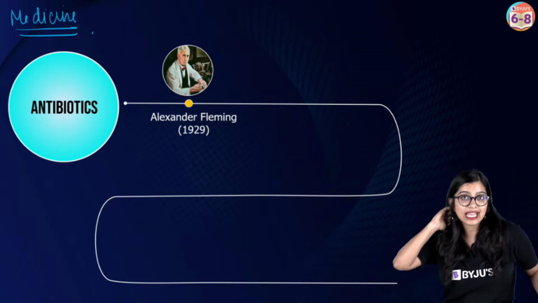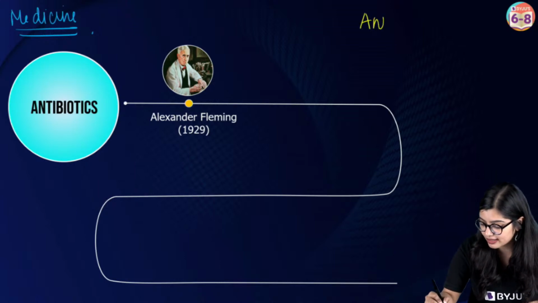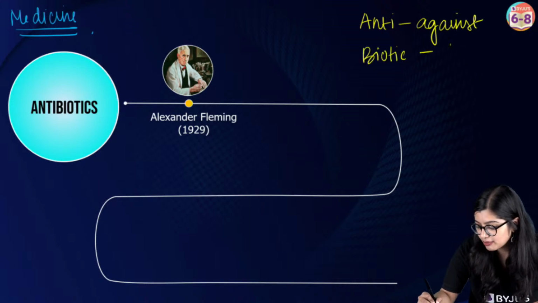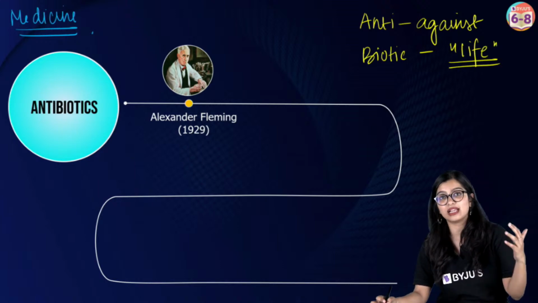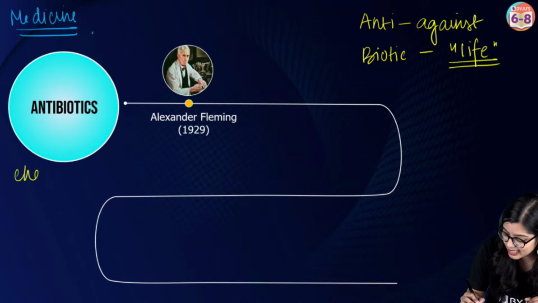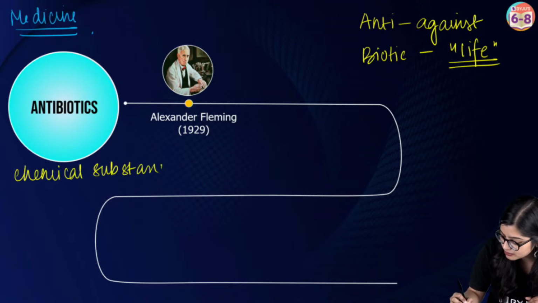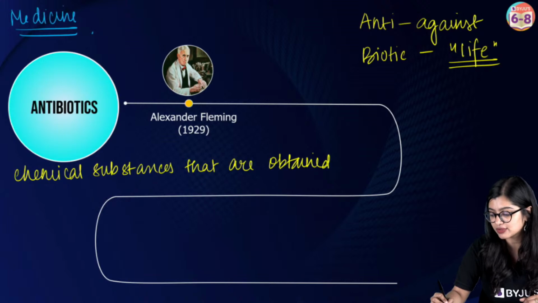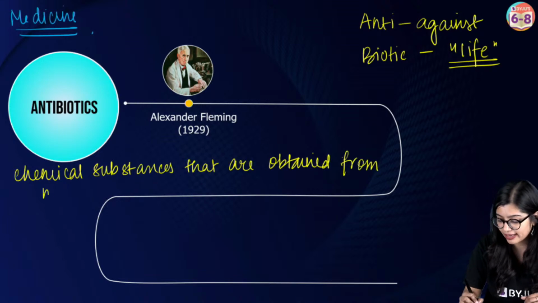So what are antibiotics? Let's break the word. Anti means against, right? Bios or biotic means life. So antibiotic means against life. Antibiotics are basically chemical substances that are obtained from microorganisms.